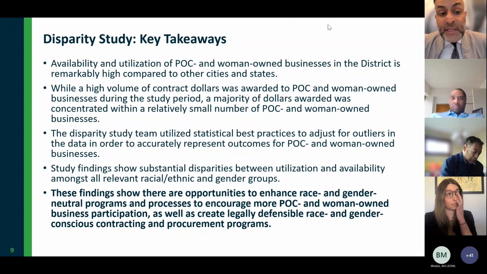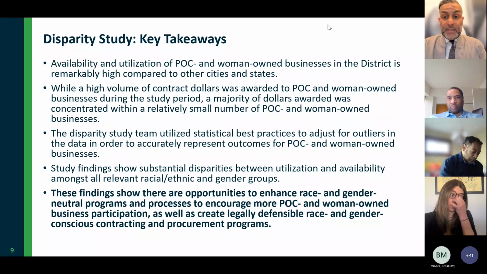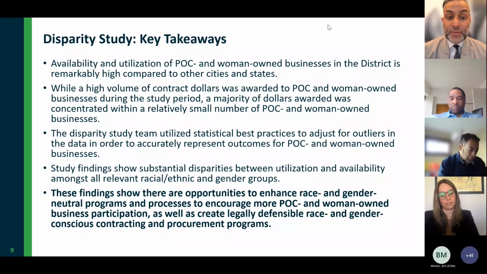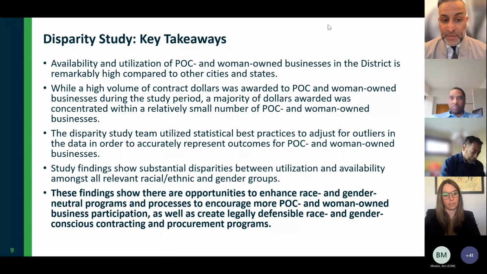And really, the key takeaway from all of this is that results from the disparity study show that not only are there opportunities to enhance race and gender neutral programs that DC government might use to encourage the participation of POC and women-owned businesses in its work, but importantly, there is evidence that DC government could consider the use of race and gender conscious programs as part of its contracting and procurement processes as well.